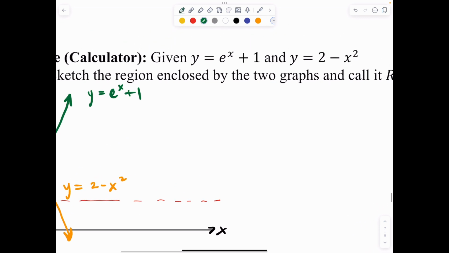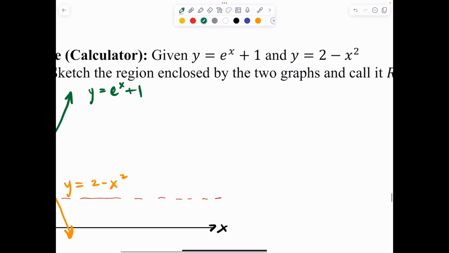So rewriting the y equals e to the x plus 1, we want it to be x equals. So I would first go y minus 1 equals e to the x. And then thinking about rewriting in log form, that would be x is equal to ln of y minus 1.